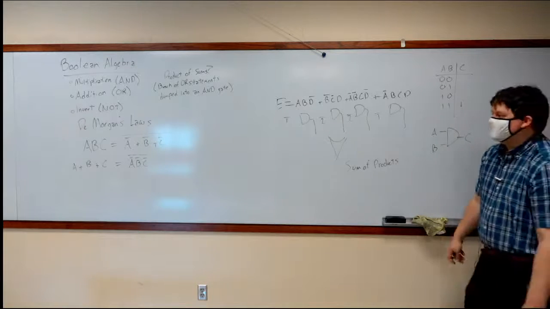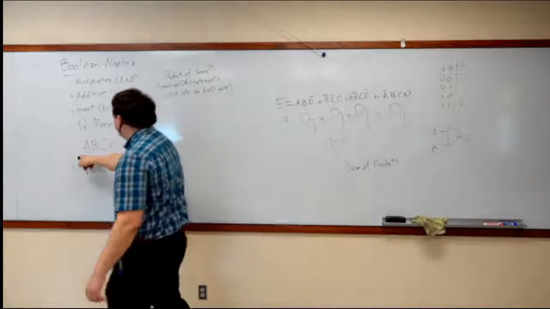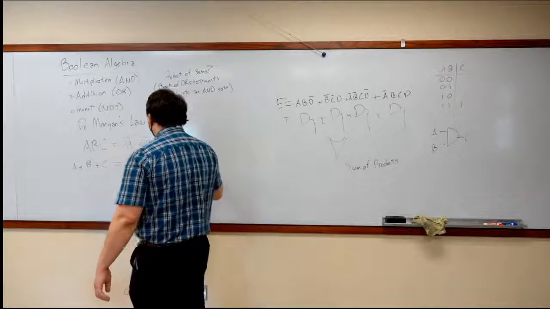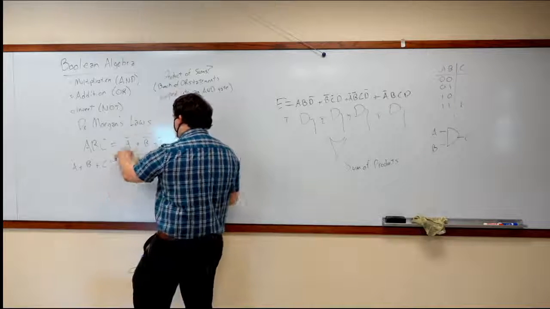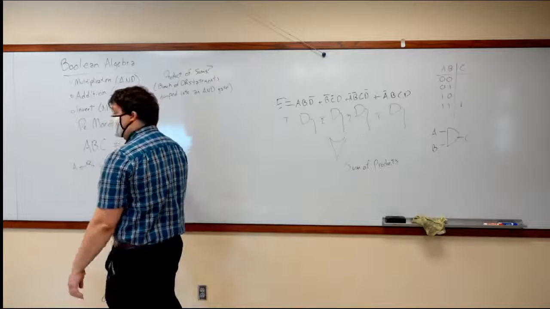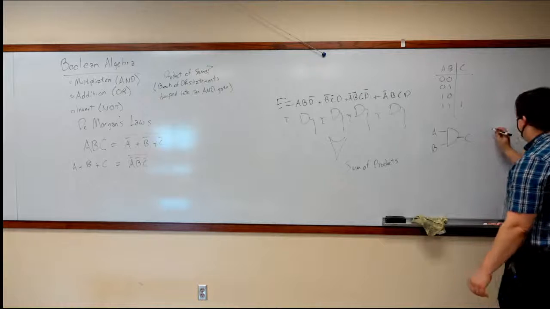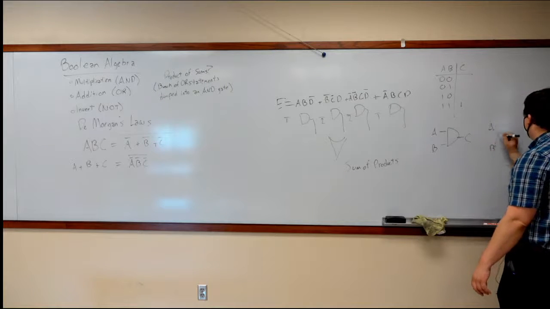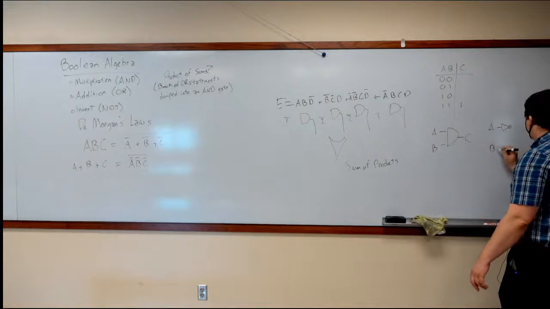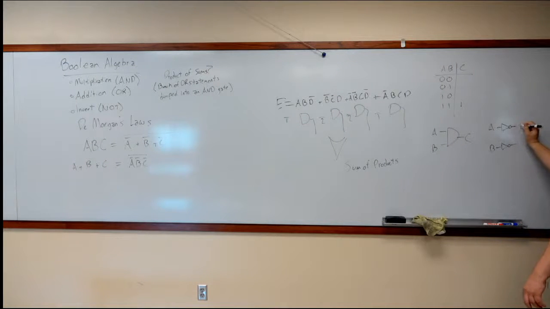What De Morgan's laws say is that this is also true if we take the sum of A not or B not, and then take the inverse of that. So if we do this circuit where we take each input into an inverter, then plug those into an OR gate, and then make that OR gate a NOR gate, we should get the same answer. That's psycho.